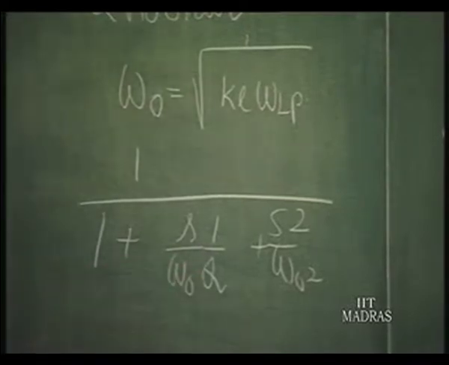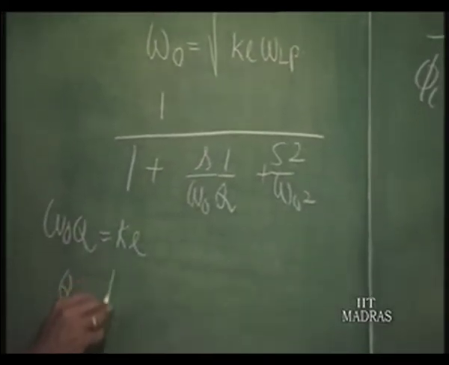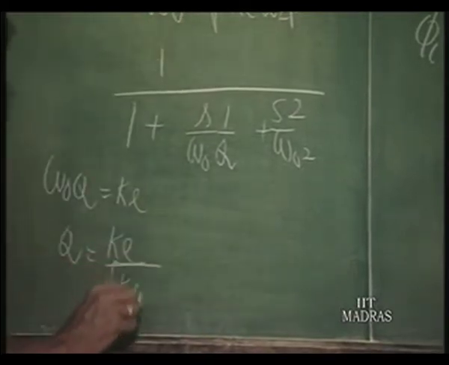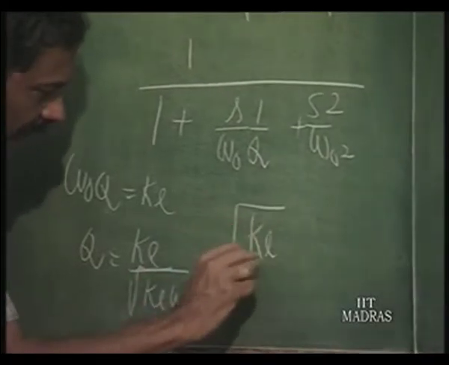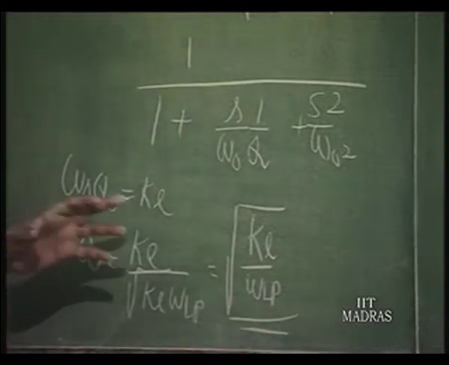Q on the other hand is going to be, by comparison, KL by omega naught, which is KL by root of KL omega LP, which means it is root of KL by omega LP.